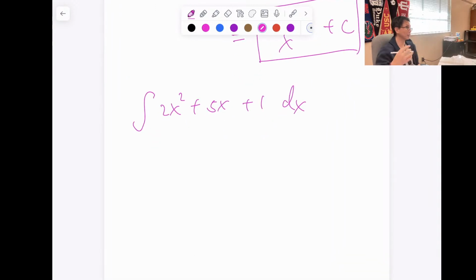Because they are separate integrals. Right, can I just do this? And you can even take a constant out if you really want to.